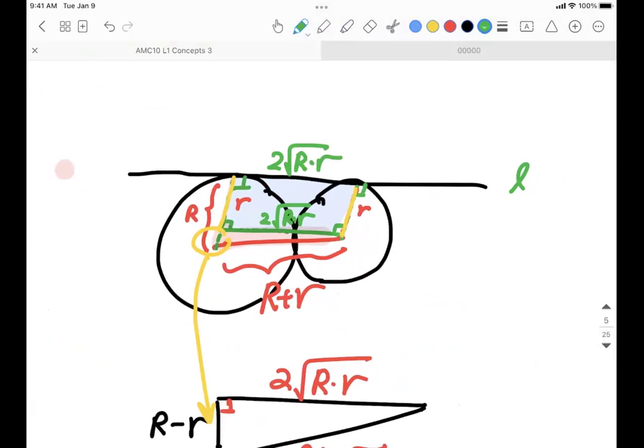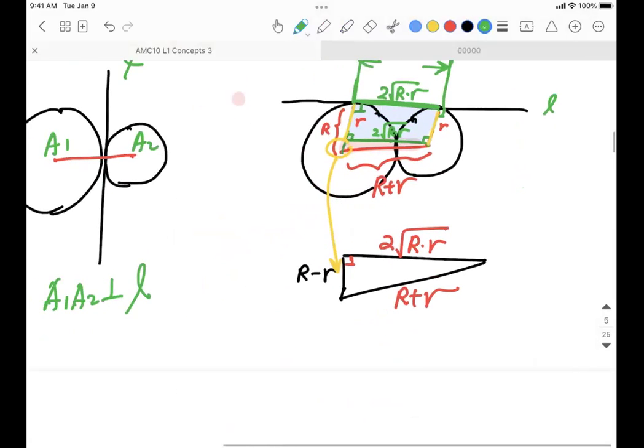What is this part? This is exactly the length of your common tangent line, right? You have a common tangent line. They're tangent to these two circles. Of course, they intersect with these two circles. So the length of this guy is exactly 2 under root big R and small r.